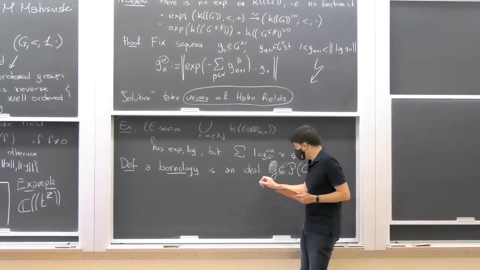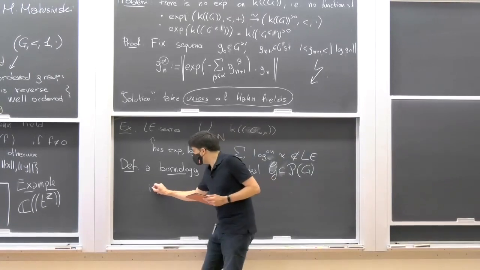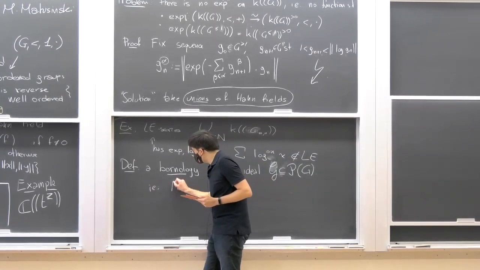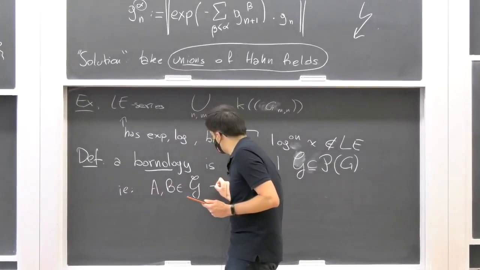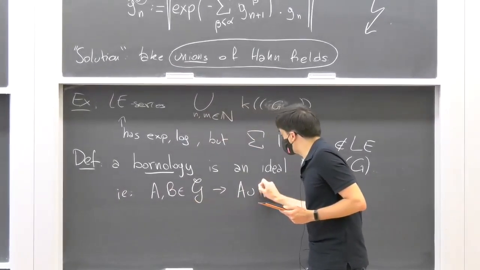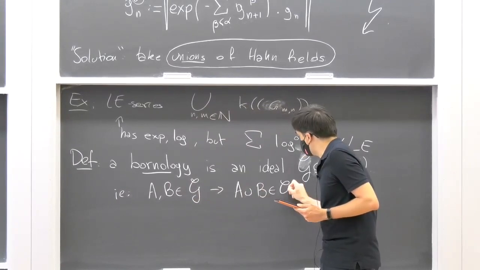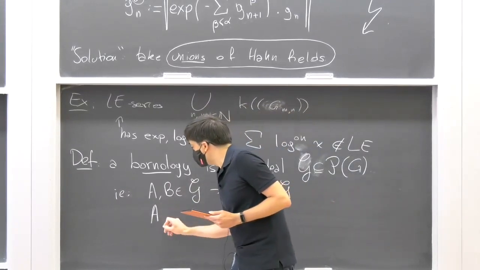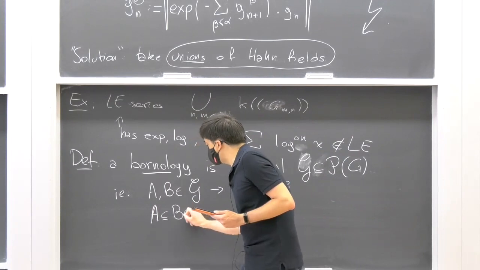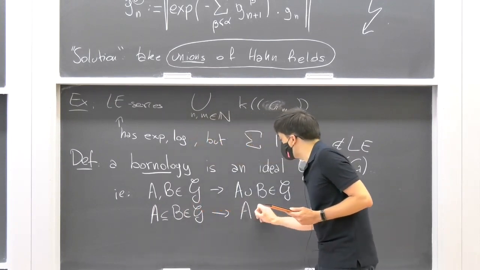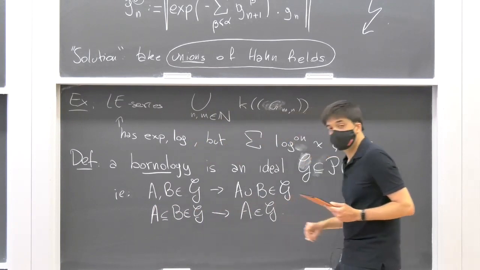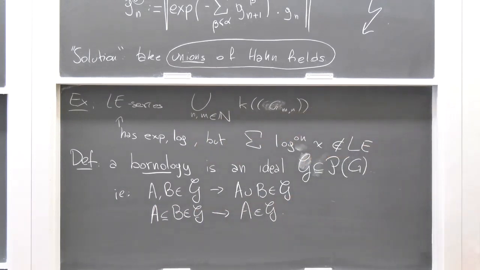It's an ideal. By ideal I mean, if A, B belong to curly G, then the union belongs to curly G. And if A is a subset of some B in curly G, then A is also in curly G. So you can go downward and you can take unions upward.